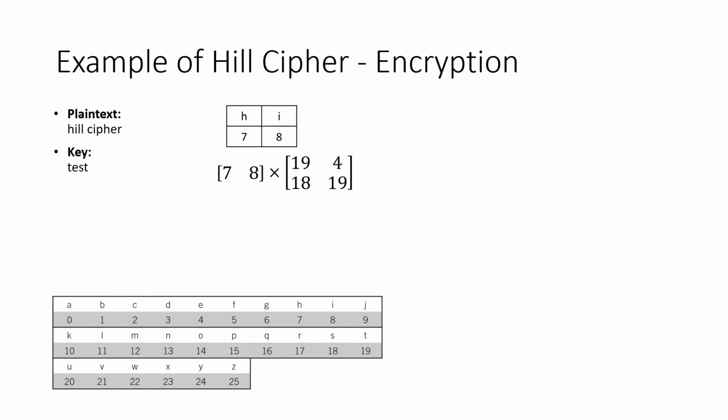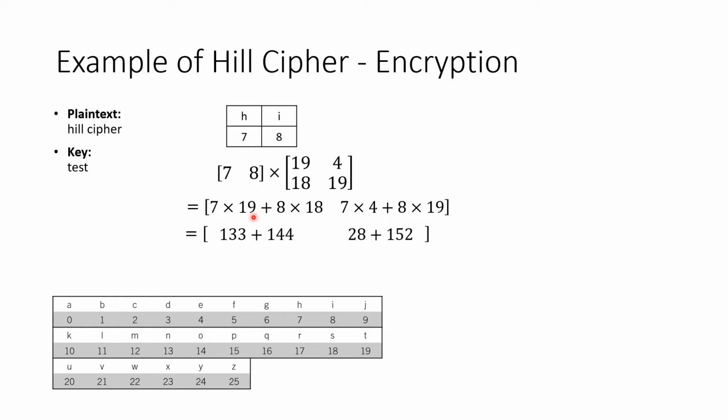And now we are going to see a detailed and step-by-step process of this matrix multiplication. If you're familiar with matrix multiplication, you can fast forward this part, but just to remind yourself, we multiply 7 by 19 and 8 by 18 to get the first entry of the resultant matrix, and 7 by 4 and 8 by 19 to get the second entry.